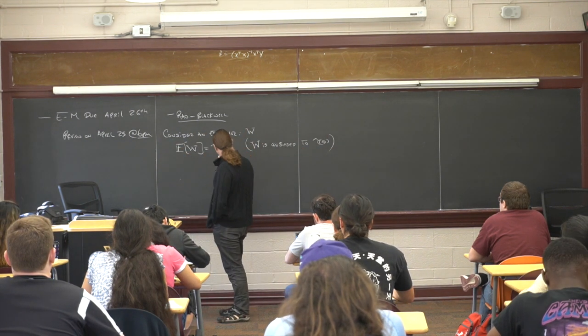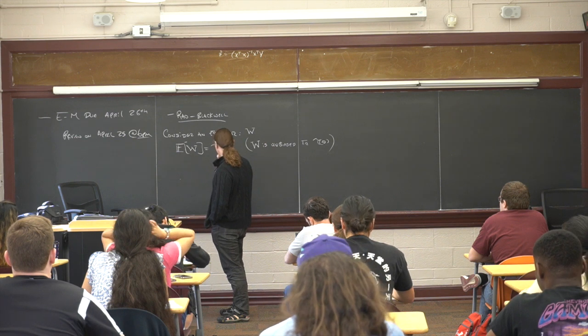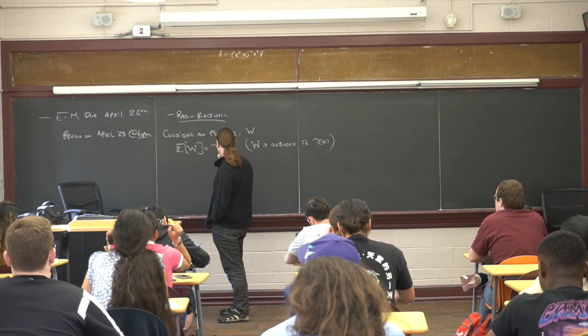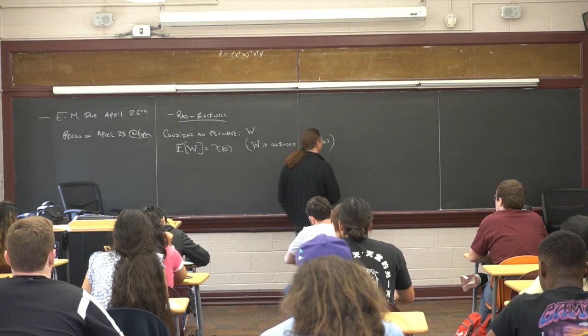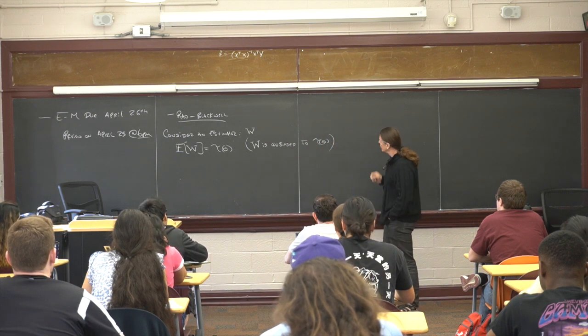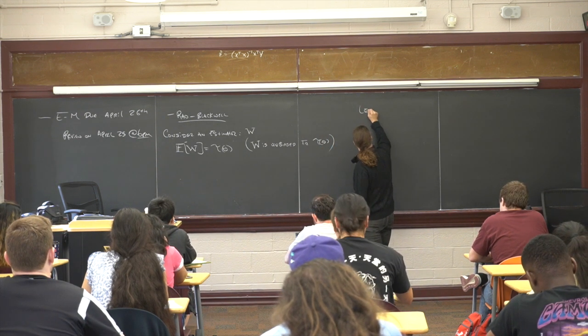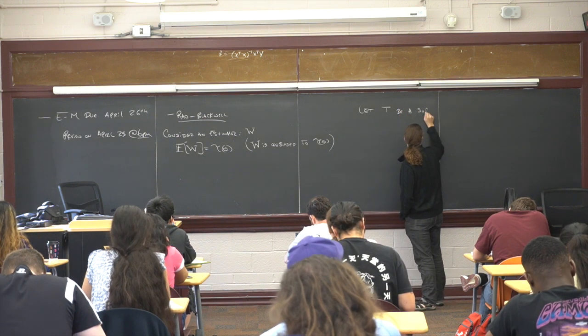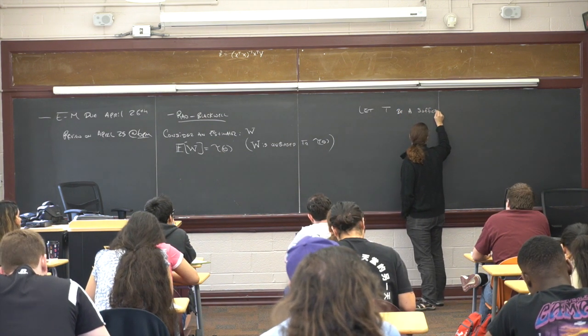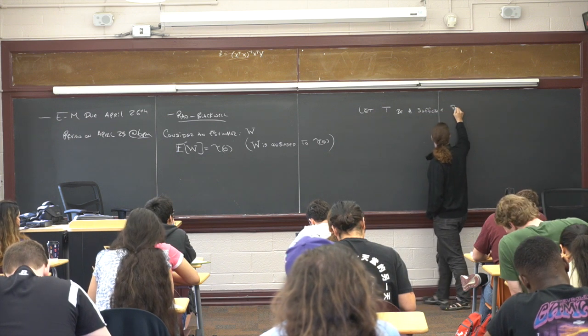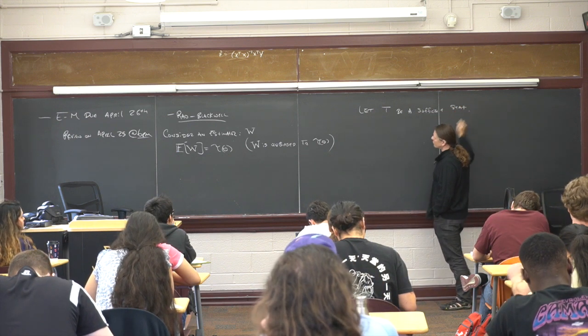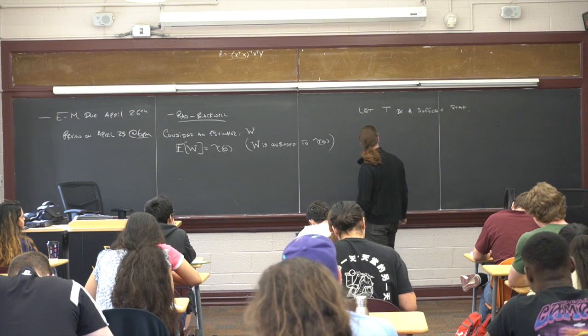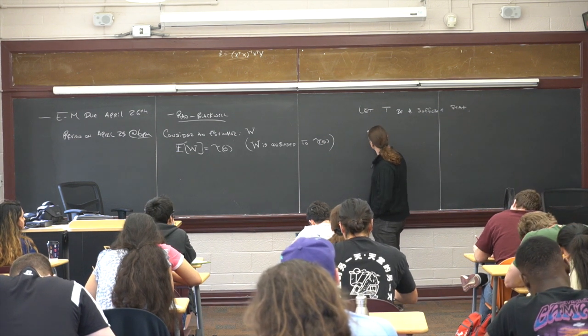And so let's say, okay, so I think this is all we really need. Consider this estimator. Now I'm going to end up considering a new estimator. So let T be a sufficient statistic. So we're going to form a new estimator.